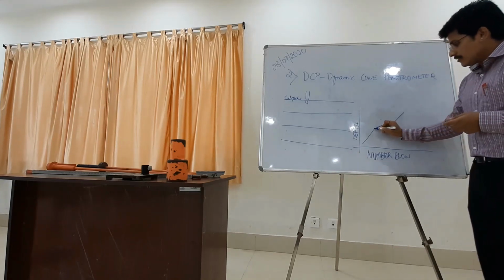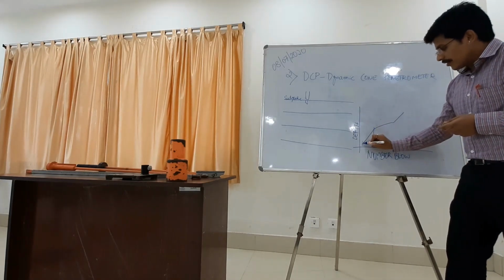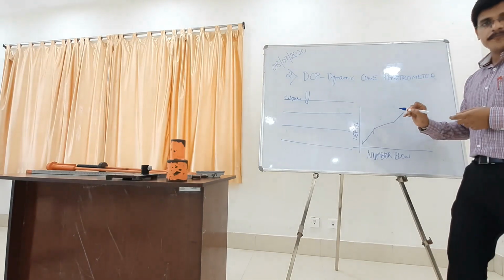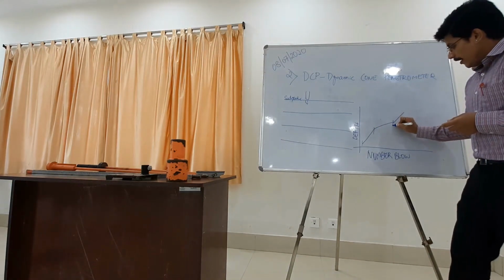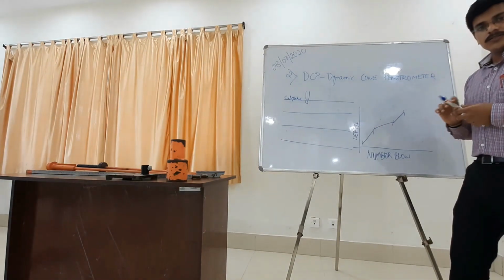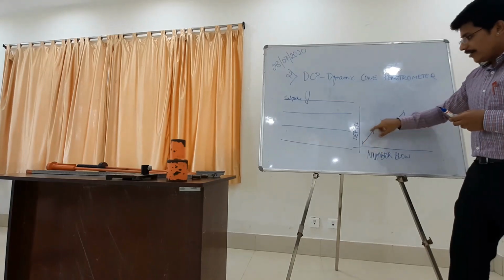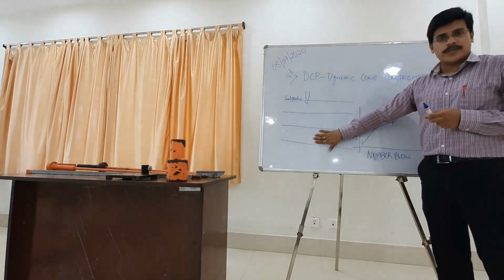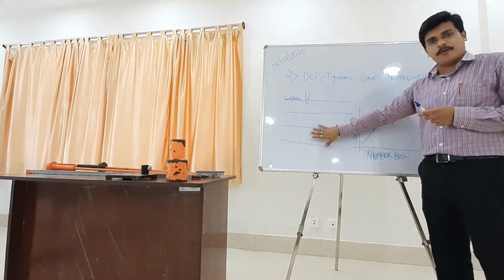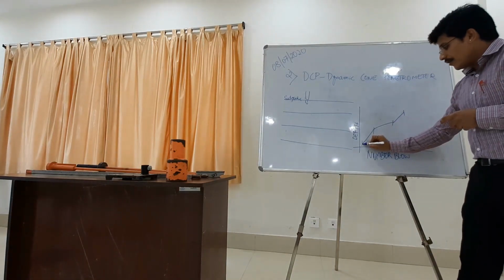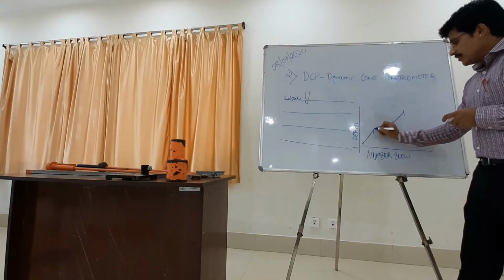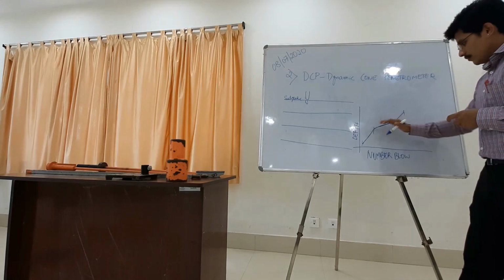Now this change in shape indicates the presence of one particular layer, and then this is another layer, and this is another layer. So this basically classifies the kind of stratification below the subgrade or below the foundation of the pavement. If you see here, this has a very steep slope, and this has a very flat slope.